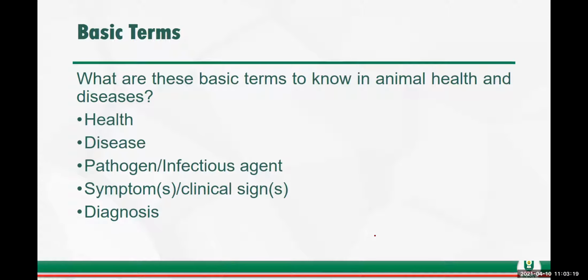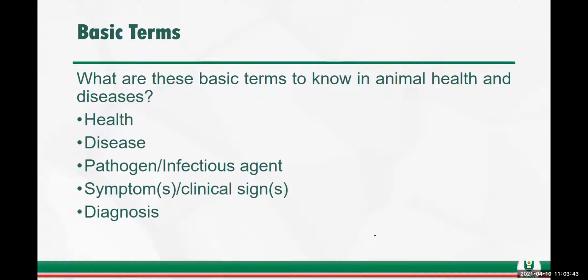Now, these are arranged in such a way that you can easily understand. An animal is sick at some point, it may have a problem. You don't know what the problem is. Of course, that's the disease. Then you want to see what it is that causes that problem, that unhealthy condition.